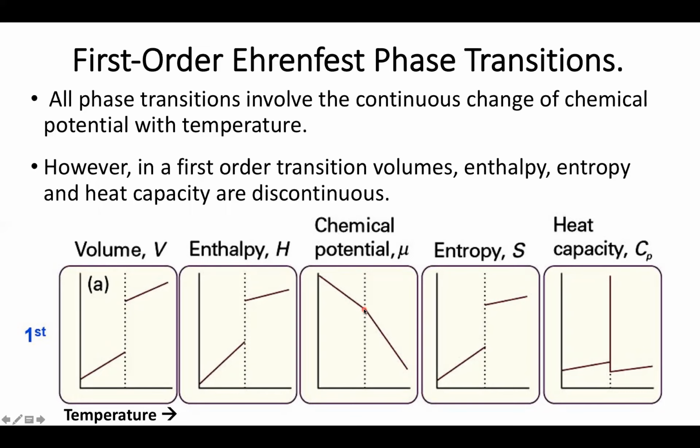But by definition, since I have two different slopes, I have two different entropies. So when I reach the phase transition, the entropy of the system spontaneously undergoes a big jump, and then it starts changing again. And because entropy and enthalpy of transition are related, we see a very similar phenomenon with enthalpy.